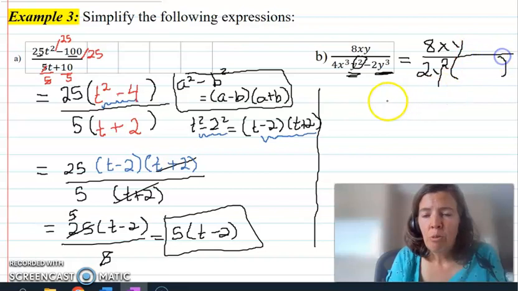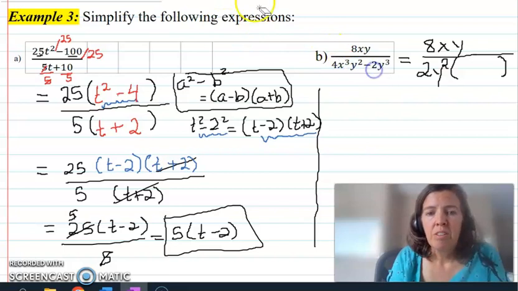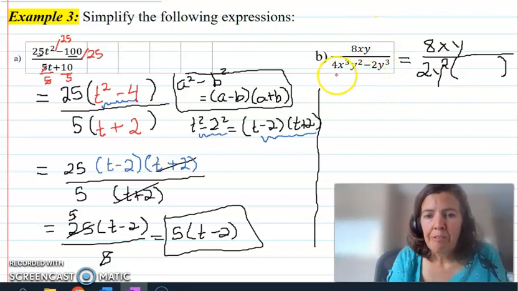Now to figure out what's left here, again, we divide. If I'm going to factor out 2y squared, then to figure out what's left, let me divide both parts by 2y squared. Here, the y squareds will cancel, because I have that on the top and bottom. And then 4 divided by 2, that's 2.